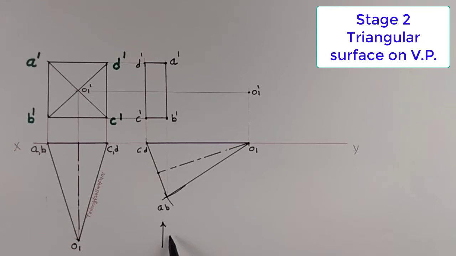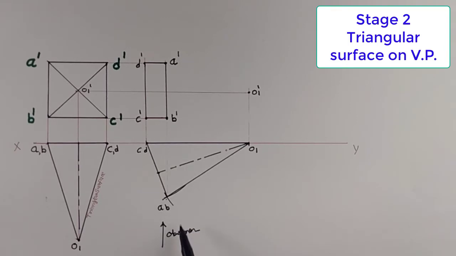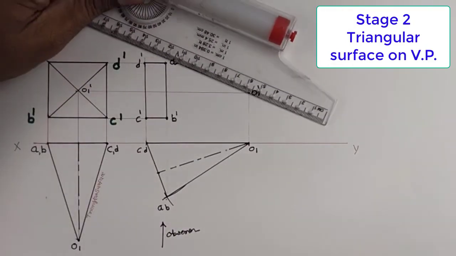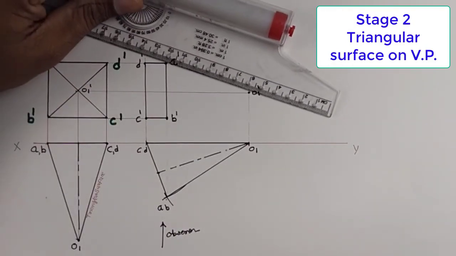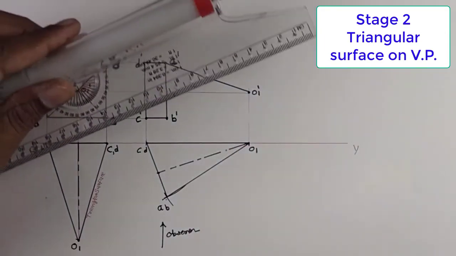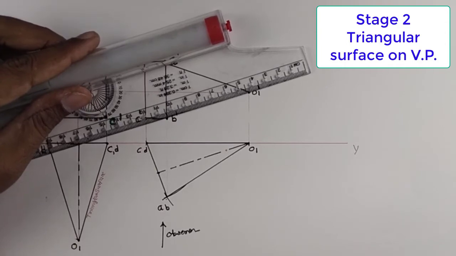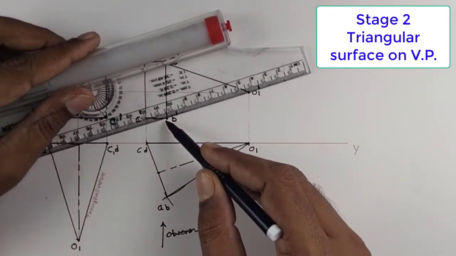Now from the observer, the slant edges AO1 and BO1 are both nearer to the observer. So they are visible. So I join A dash O1 dash with a dark line. Similarly, you can join your B dash O1 dash with a full dark line.